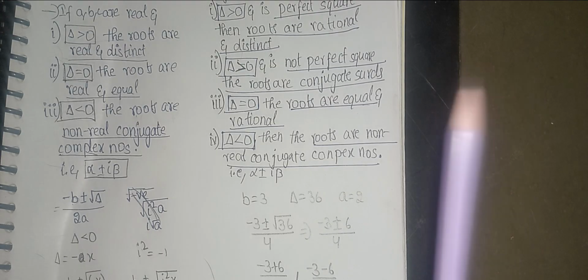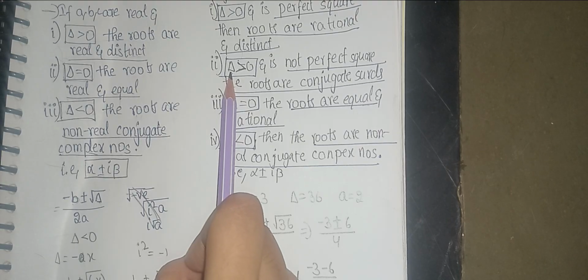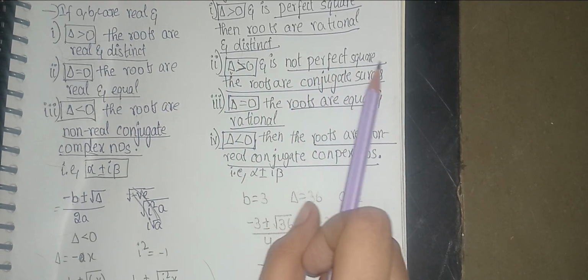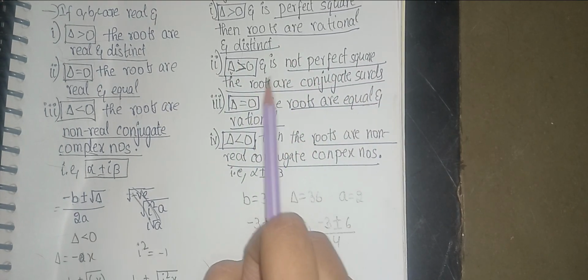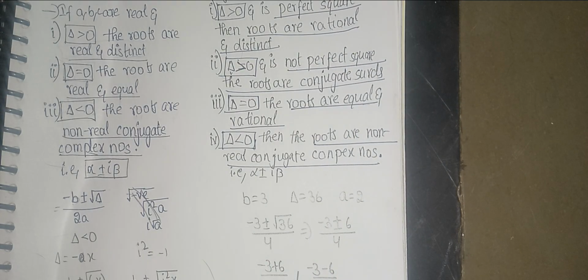Now there is another case. If discriminant is positive but not a perfect square, then the roots are conjugate surds. What are conjugate surds?